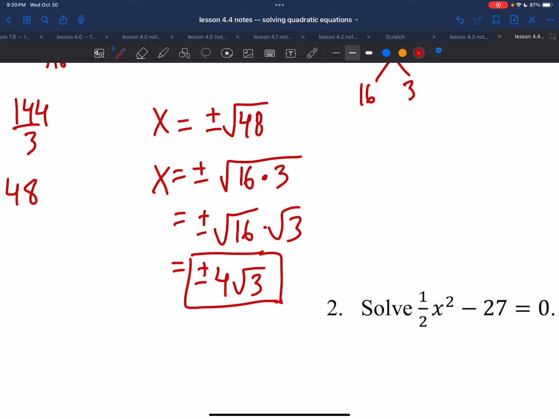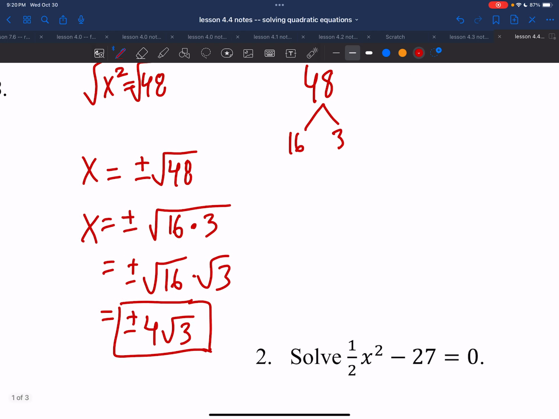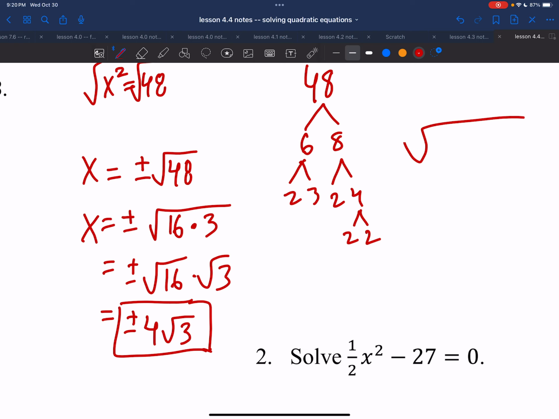And again, look, if you didn't know that, if you didn't know 16 and 3 was going to work, you could have done 6 and 8 because that's a common multiplication table. 6 is 2 and 3, 8 is 2 and 4, and 4 splits into 2 and 2. So you could have said it's the square root of 2s, four of them, and a 3.